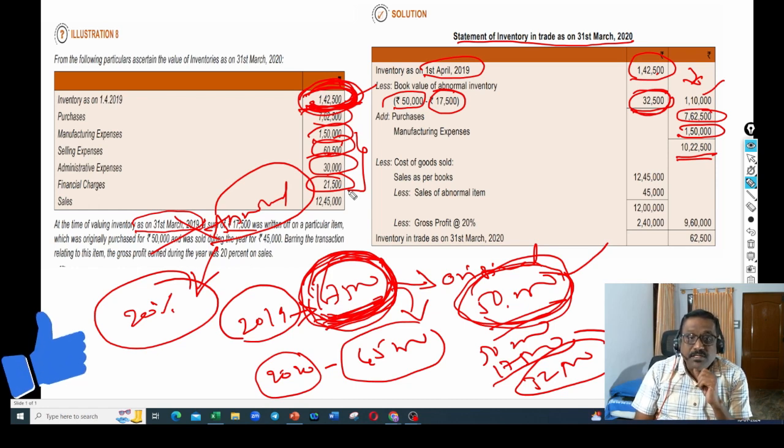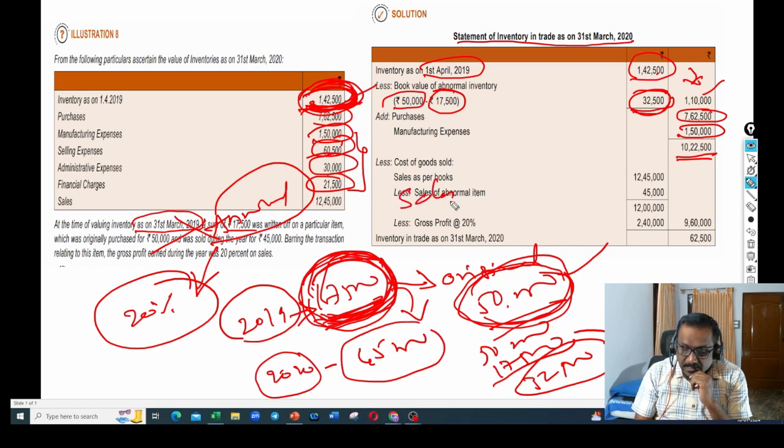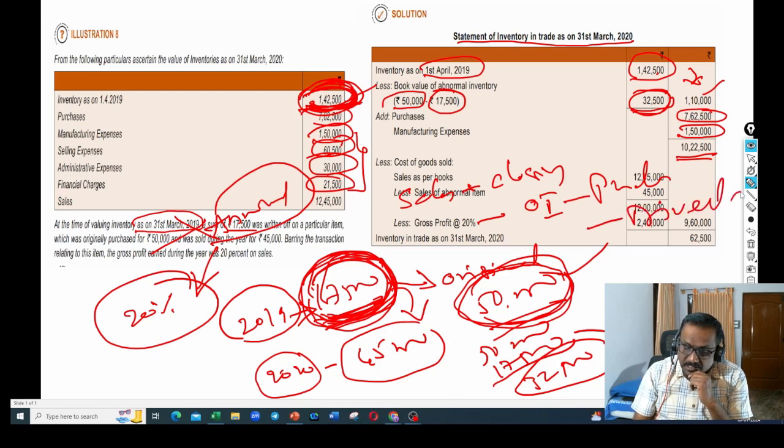So gross profit will be calculated on sales minus purchases and direct expenses, right? Sales, sorry, how do they calculate? Sales plus closing inventory minus opening inventory minus purchases minus direct expenses.